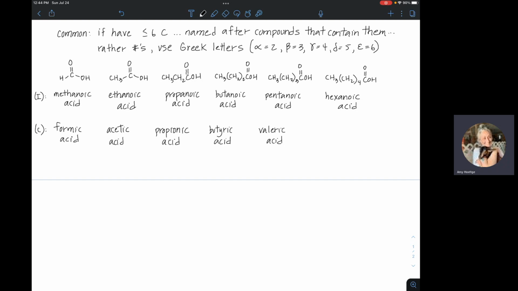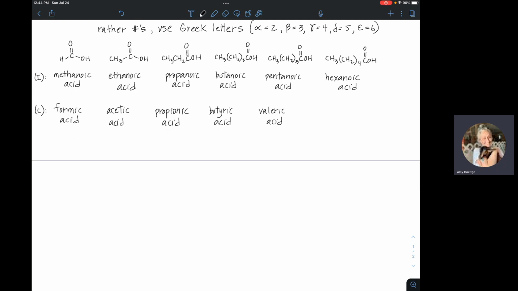This one is actually named after a goat. The word for goat is caper, so we call this caproic acid. Hexanoic acid smells a little bit like a goat.